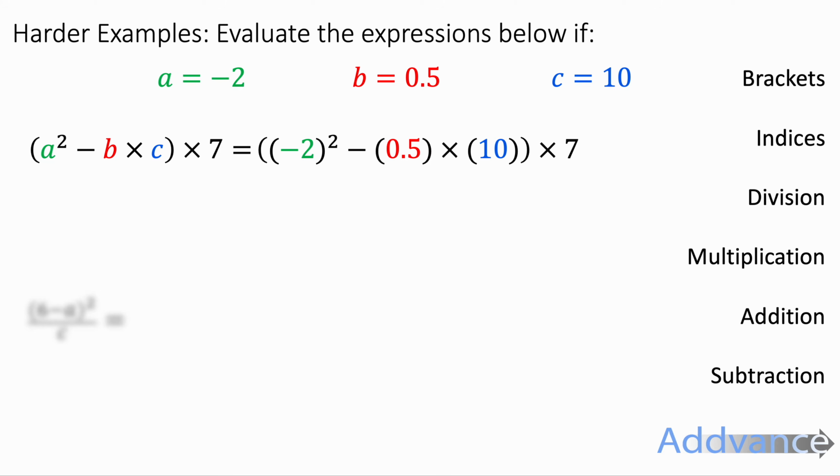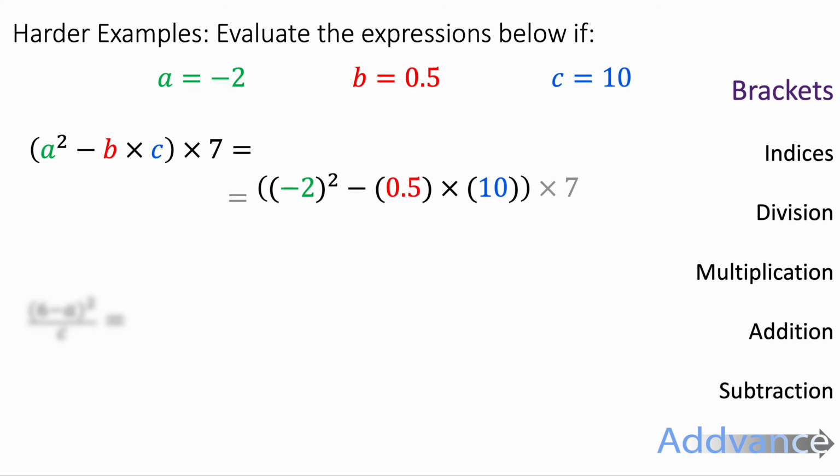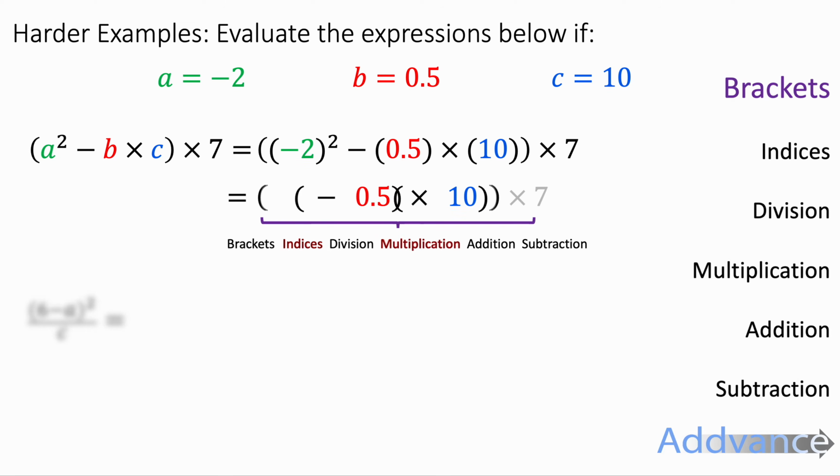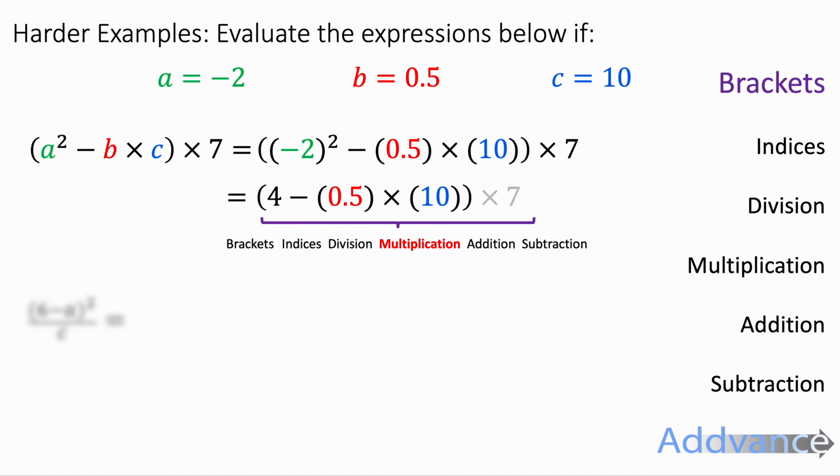Now here we've got a set of brackets, and inside the set of brackets is quite complicated. Inside that set of brackets we need to do BIDMAS inside. So let's just focus on that big bracket there. And we're going to do brackets, indices, division, multiplication, addition, subtraction inside. We'll start with indices. So we'll start with a minus 2 squared. Minus 2 times minus 2 is 4. So it becomes 4.